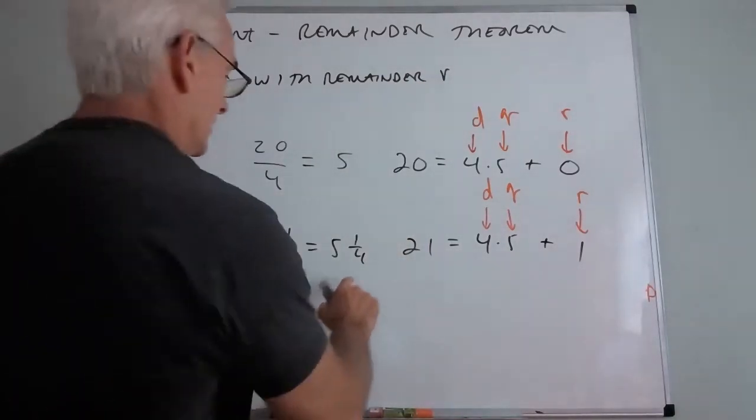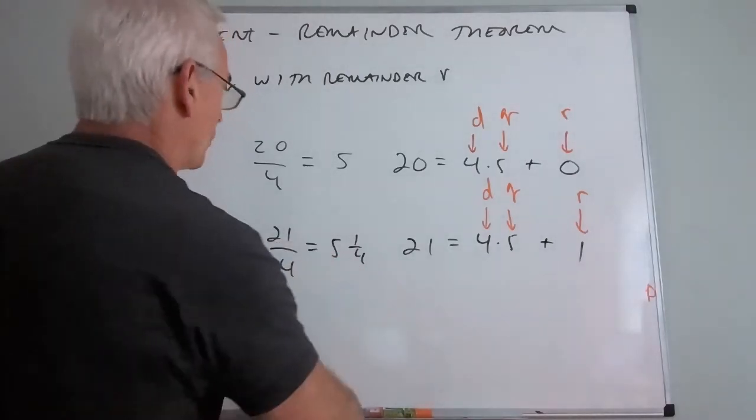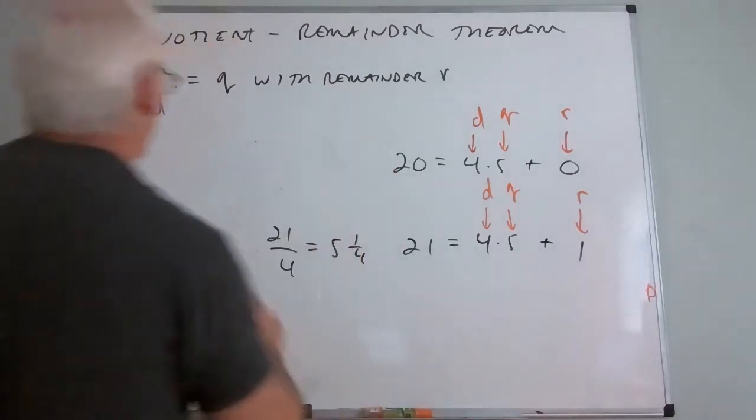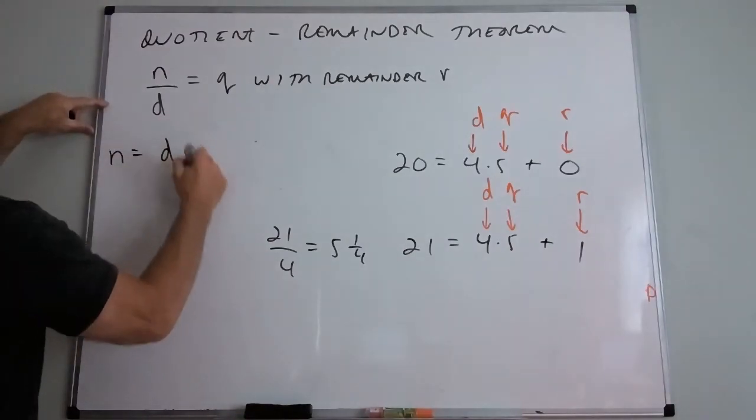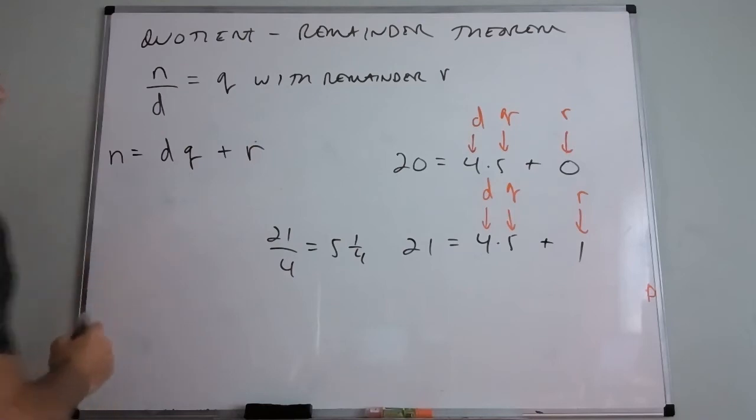In this case, I'd say with the remainder 1. So then ultimately, what does N equal? It equals DQ plus R. This is an absolute mathematical statement.